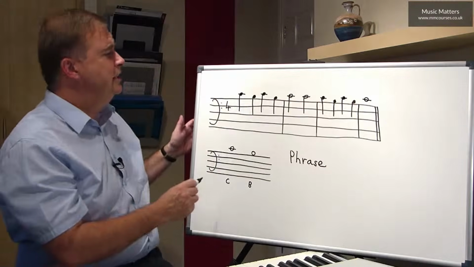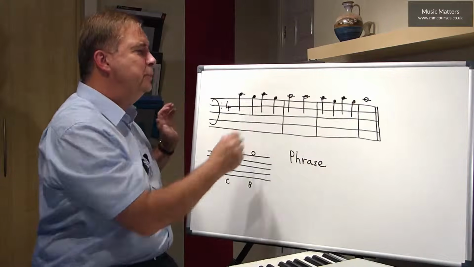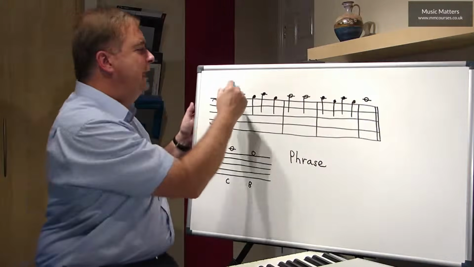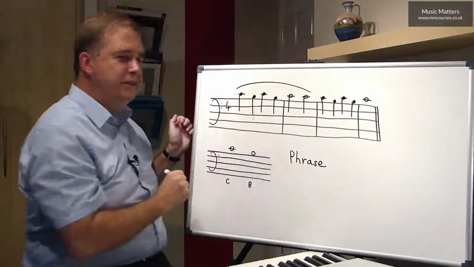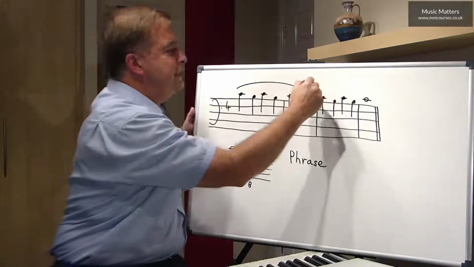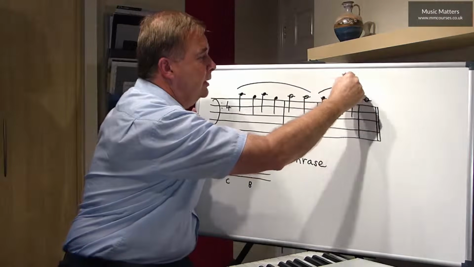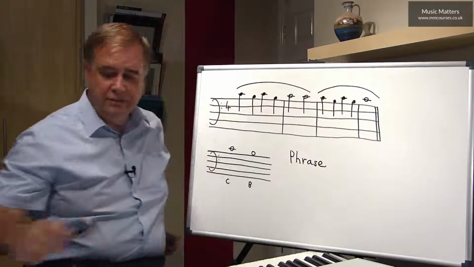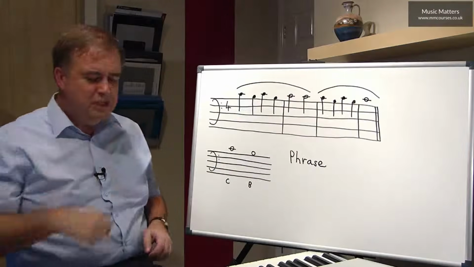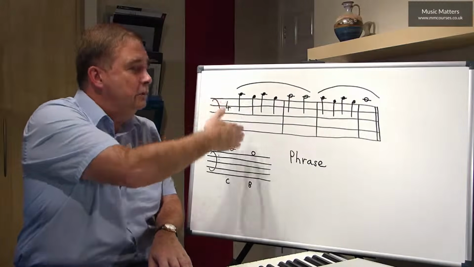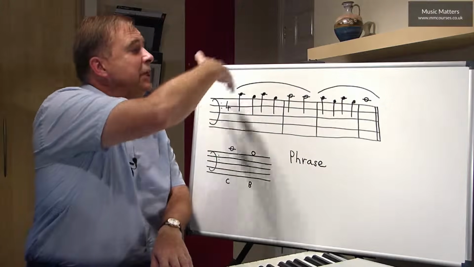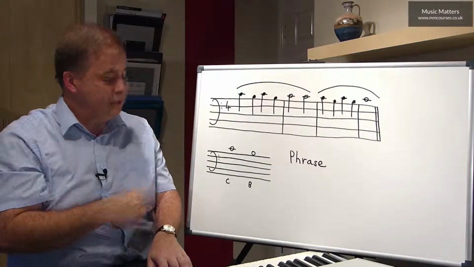And the way we show that in the music is like this. Because when you look at this piece, really, it's got one sentence that takes up the first 2 bars, and then it's got another sentence that takes up the second 2 bars. So let me just play that piece to you, just have a listen to it for a moment, and instead of hearing all these separate notes, see if you can hear 2 sentences.